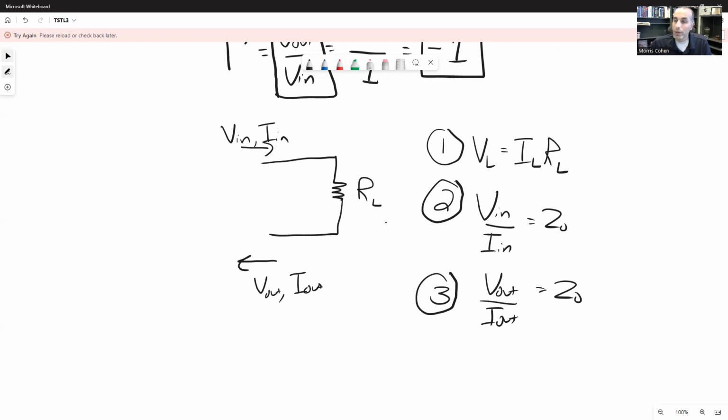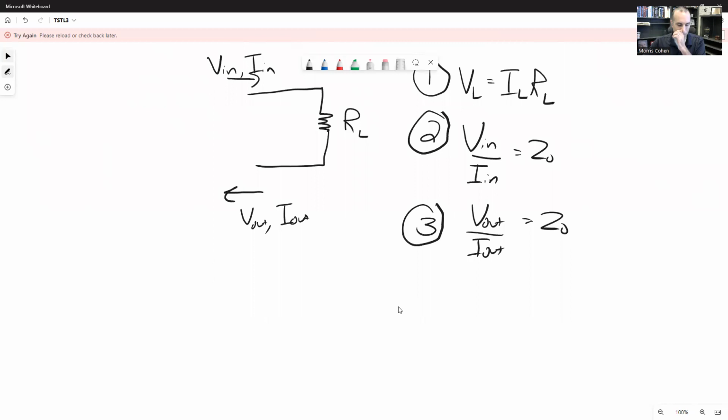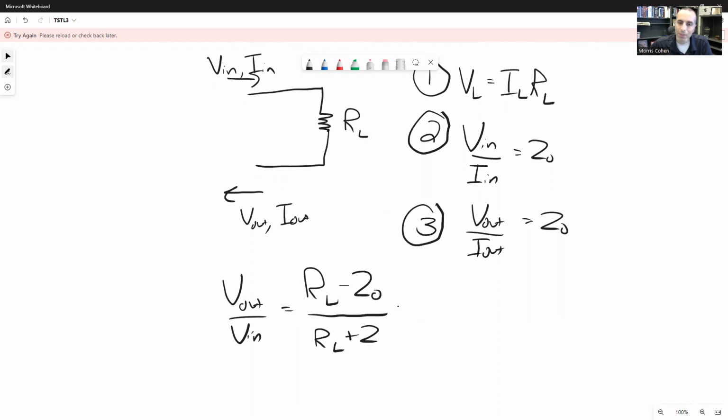I won't go quite through it here, but if you combine these three equations, solve for each other, and rearrange, and try to figure out the ratio of V out to V in, here's what you get. V out over V in equals (RL minus Z0) over (RL plus Z0).